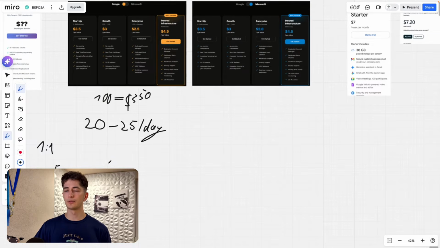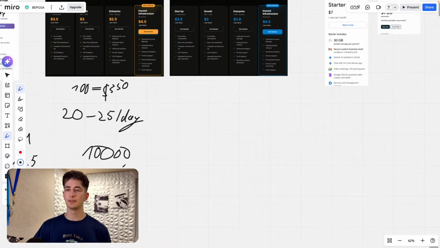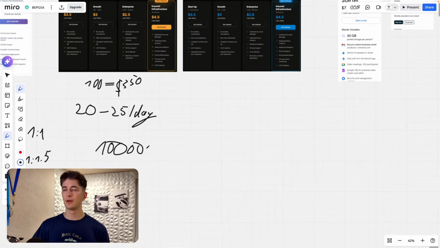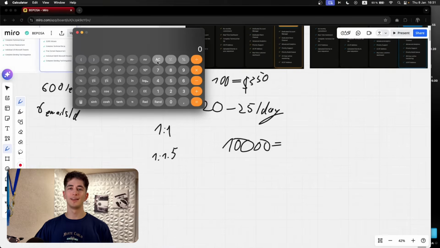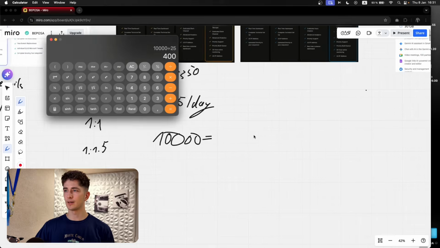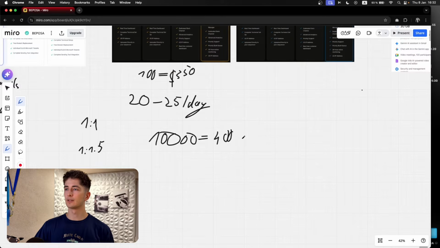So for example, if you want to send 10,000 emails per day, what is it going to cost you? Let's open up the calculator. If you want to send out 10,000 emails a day, and each day you're sending, let's say, 25 emails per inbox, you're going to need 400 inboxes.